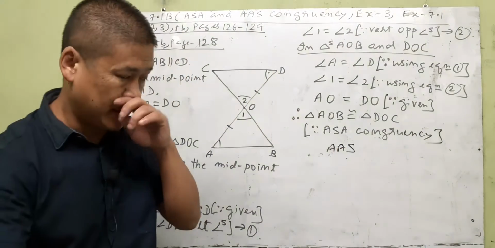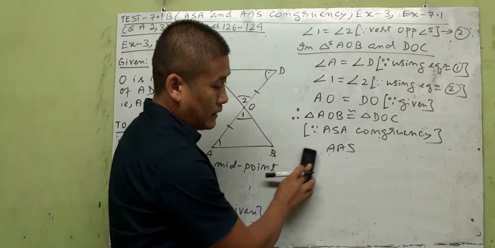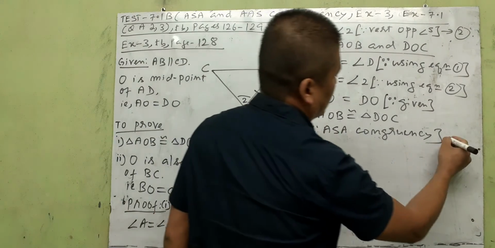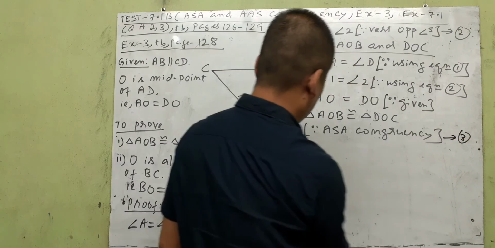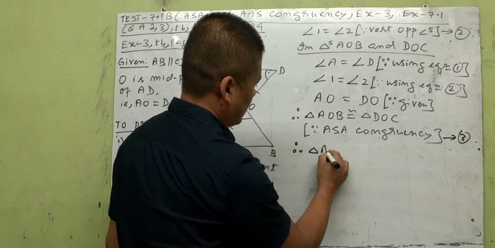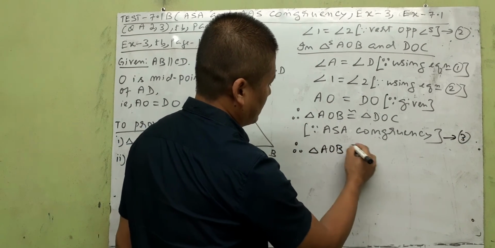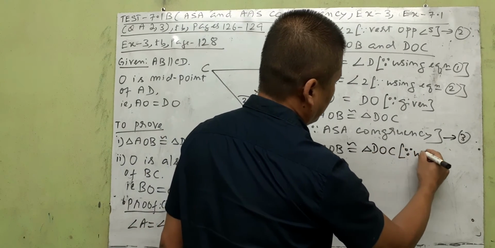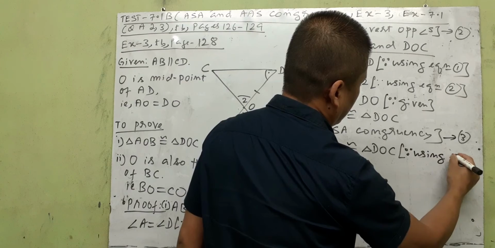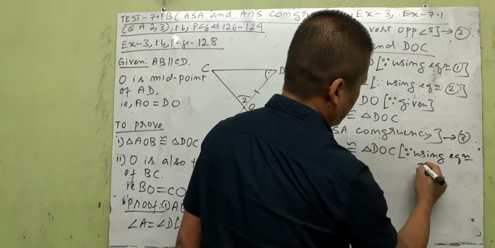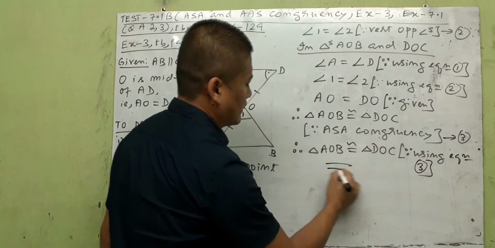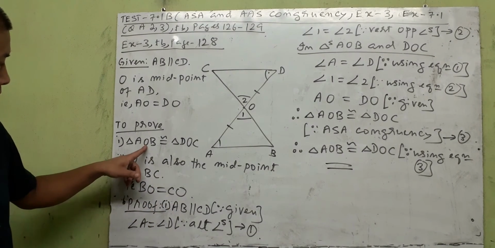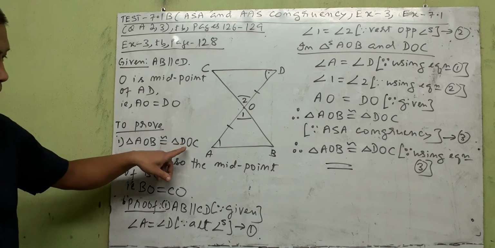We have discussed that just a moment earlier, right? So let us put this one as equation number 3 and write once more the final answer: triangle AOB is congruent to triangle DOC, as we have proved, as you can see in equation number 3. So that's our first answer, number 1. We have to prove triangle AOB congruent to DOC.